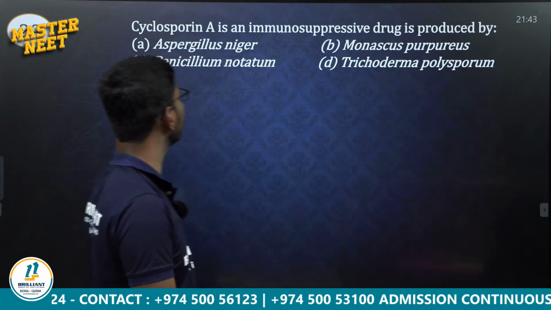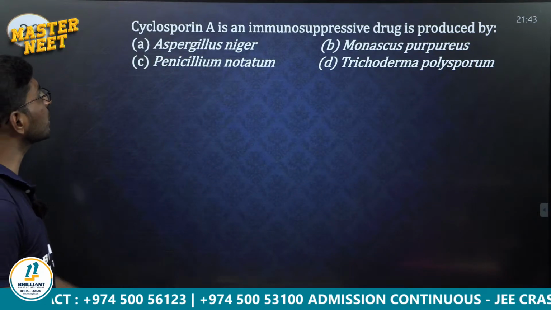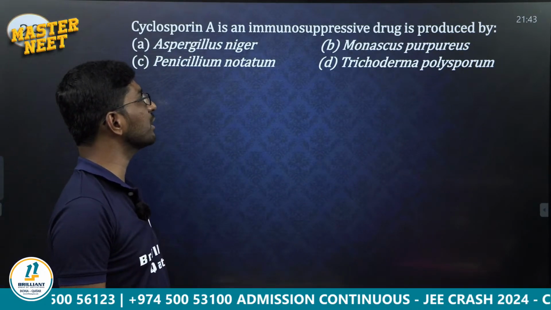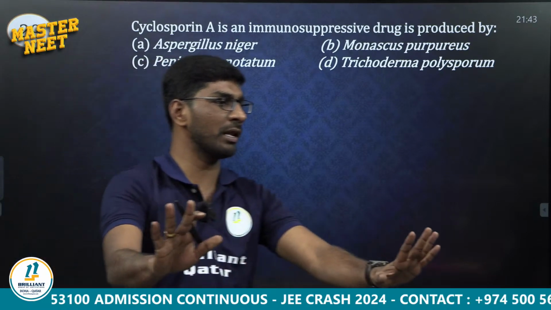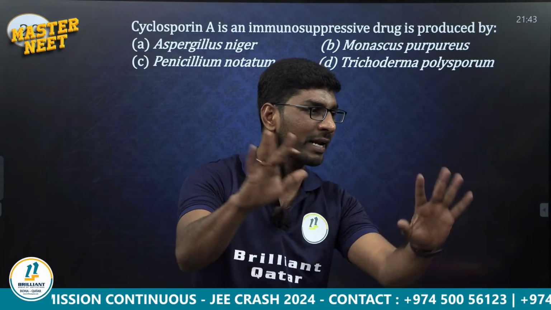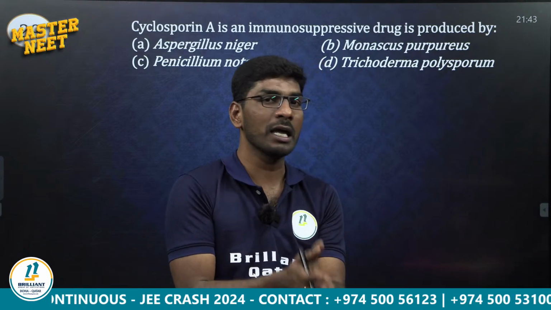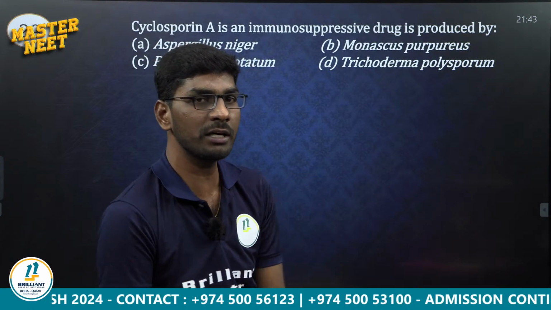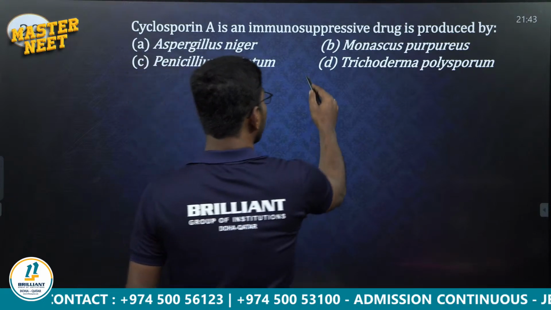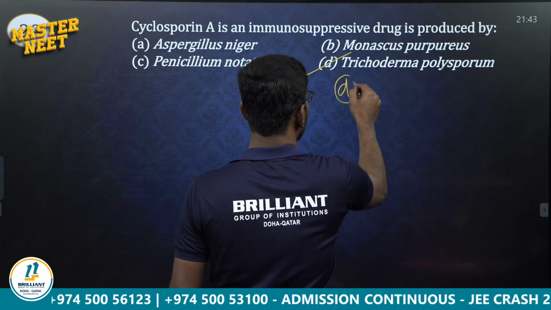Yes, my dear. Now look here. What is given? Cyclosporin A, an immunosuppressive drug, is produced by. Very simple. I will not explain, just the direct answer. Cyclosporin A, the immunosuppressor agent, is absolutely from Trichoderma polysporum.